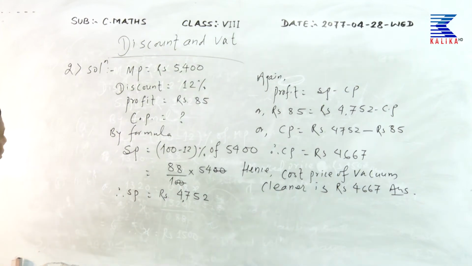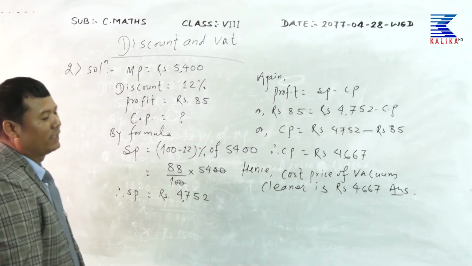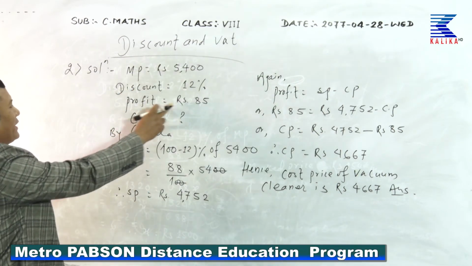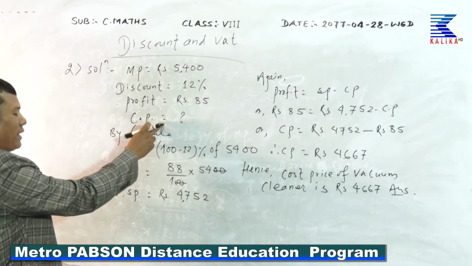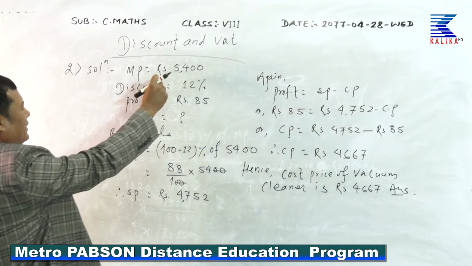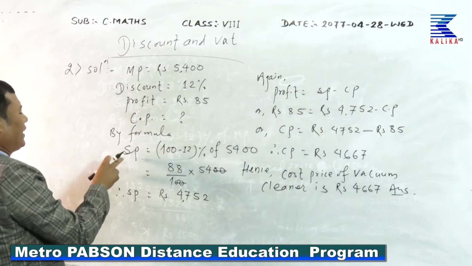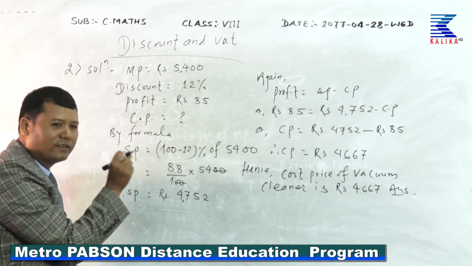Question number 2: MP is equal to 5400 and discount is equal to 12%, profit is equal to Rs 85, then find the cost price. By formula, first of all, since the relation between MP and discount is given, we easily find the selling price.